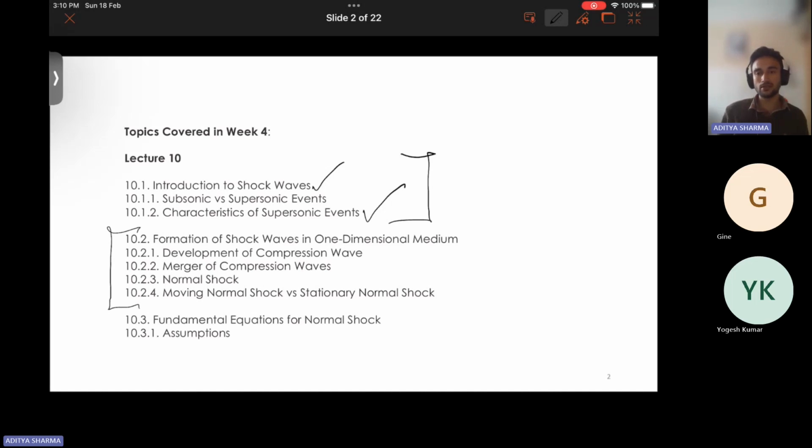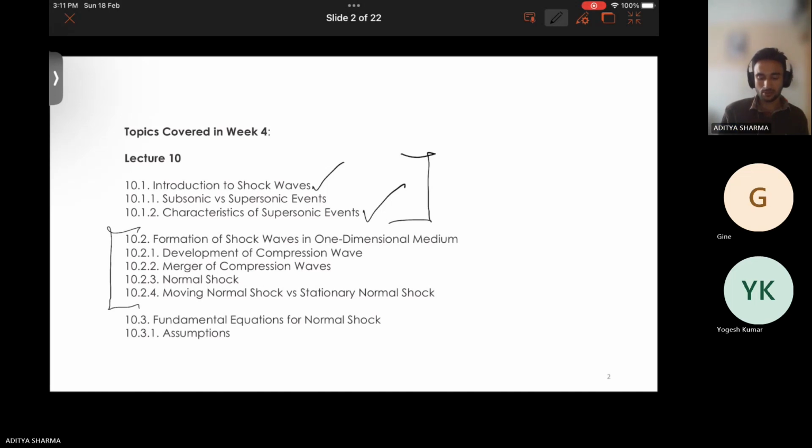In the last week, we saw the quasi 1D case of compressible flows. Here we will not be dealing with quasi 1D flows, but just 1D flows. There won't be any change in the area as the flow moves in a particular tube.